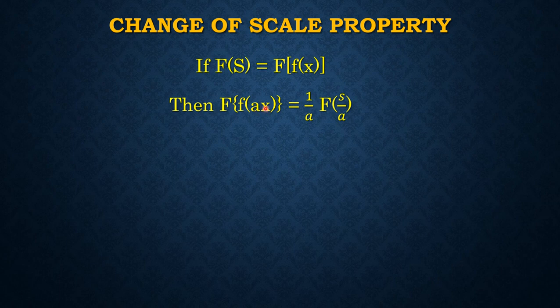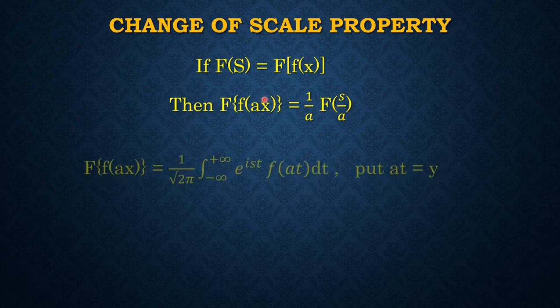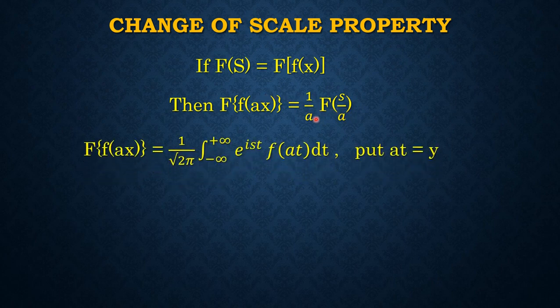Here a is a constant multiplied with the variable x. Then when we take the Fourier transform, it takes the form 1 by a into F of s by a. Now this is proved in this way.